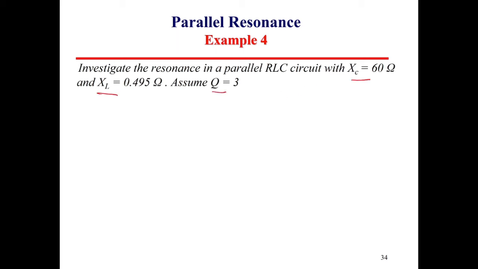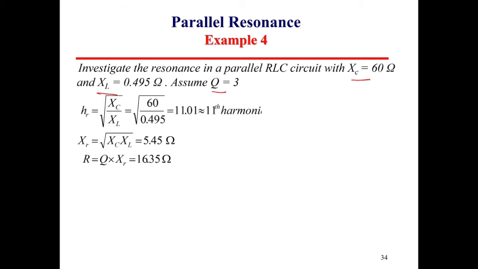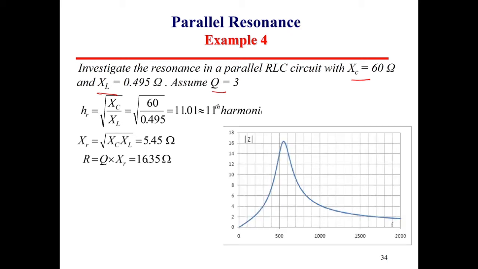The quality factor is given, so from there you can determine R. And of course we're going to find XR, which is H times XL, or the square root of XC times XL, and this is the total impedance at resonance. So the total impedance at resonance will be only R, which is equal to 16.35.